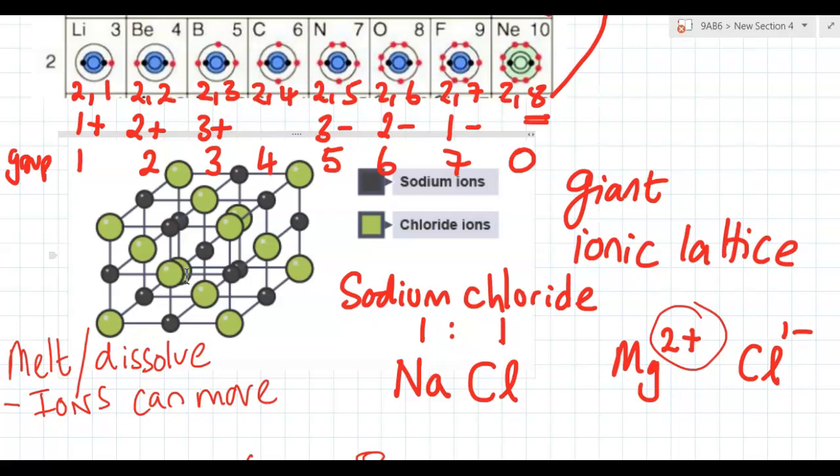Those are the only possibilities. Whereas if something is conducting electricity because it's a liquid, that means it's been melted, or if it's a solution, it's been dissolved, that means it could be an ionic compound. All right, but obviously it has to be very hot to melt these things because they're giant structures. Okay.